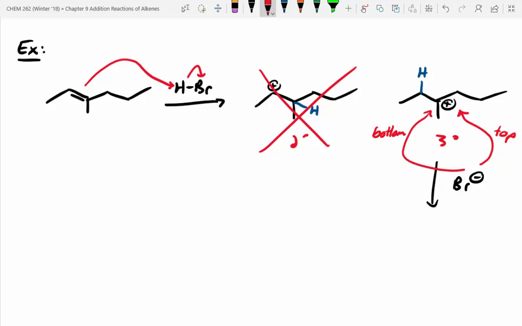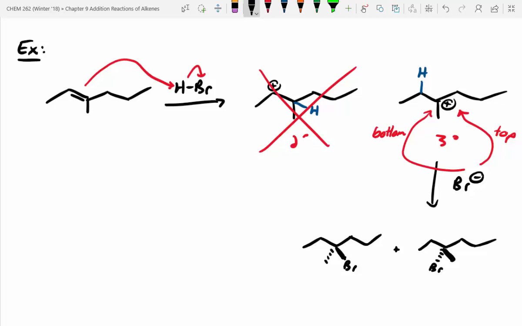It really has no preference in this case. And so we can imagine maybe we have one product where the bromine, when it gets added in, is a wedge, which means that methyl group must be a dash. Or maybe we've got one where the bromine is in that dash position, which means that the assumed methyl group there must be a wedge, right?